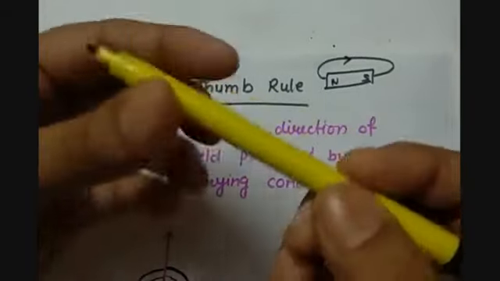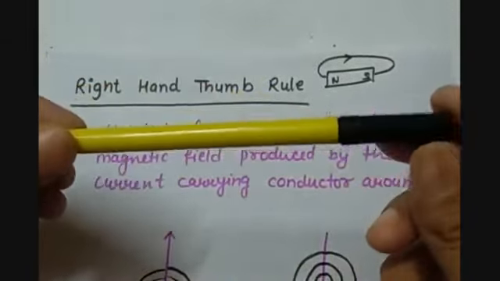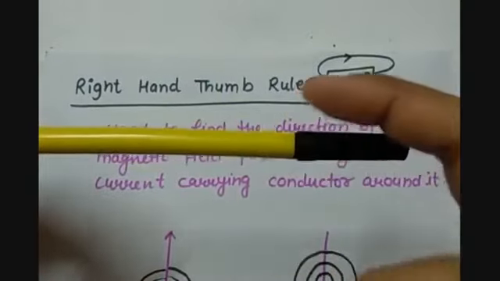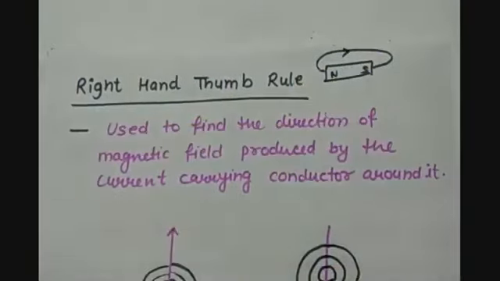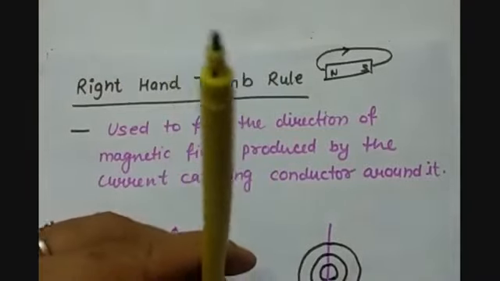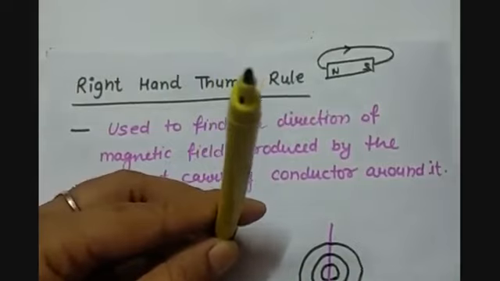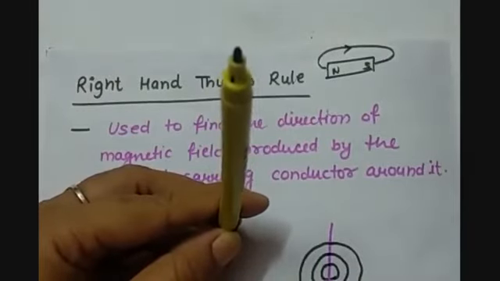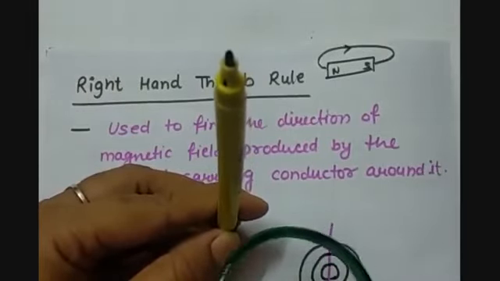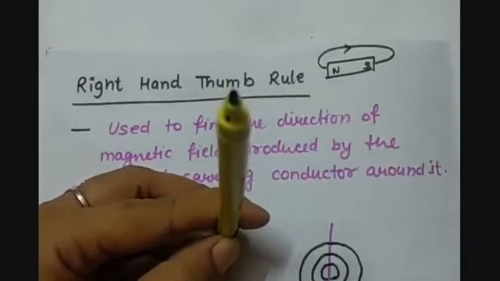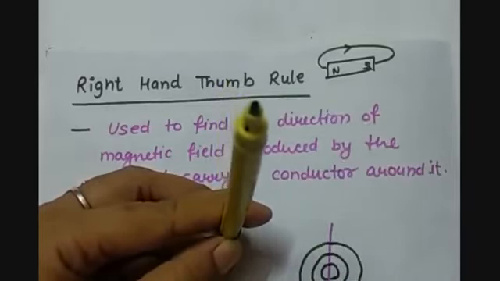Because you can assume that if this is the conductor, then concentric circles are formed. Here I am showing you one example: if this pen is the straight conductor connected to an electric circuit and the current is flowing, and this tip of the pen is giving you the direction of the current, then what kind of magnetic field is getting produced around it?